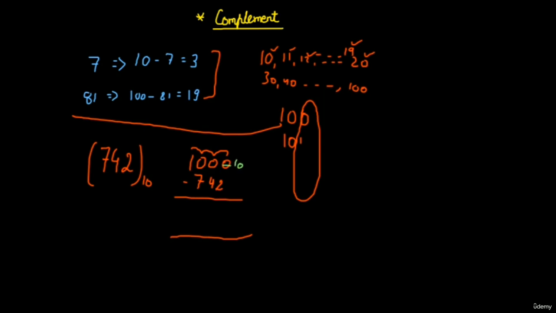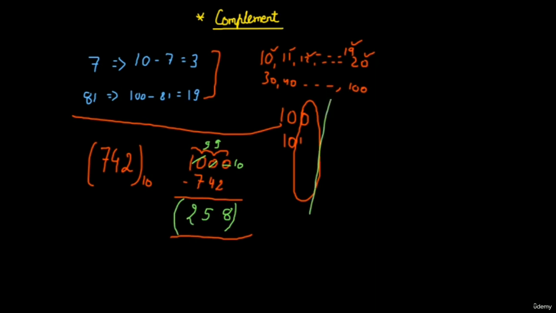So this will be 8, this will be 9, and this will be 9 minus 4 is 5, right? Okay, we all know that obviously. 9 minus 7 is 2, so 258. So 258 is the complement of 742.